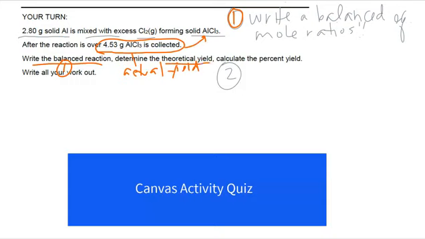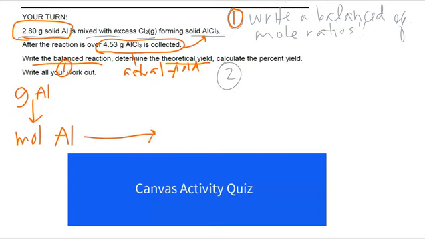So that means I need to go from grams of aluminum, so grams of Al, to moles of Al. And then I need to go compare moles of aluminum to moles of my product, right? Because we know how much of my product is actually collected.